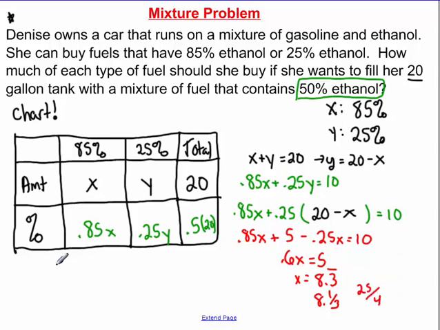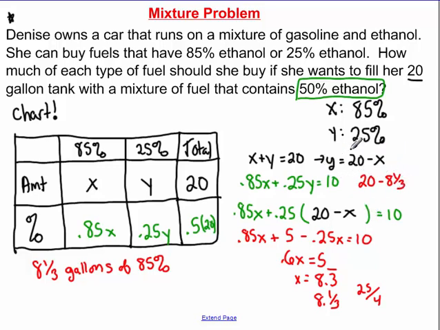25/4. So now tell me what this is standing for. We need 8 1/3 gallons, give me a label, give me a unit, of our 85%. Now I've found that this is 8 1/3, so I have 20 minus 8 1/3 to solve for the 25.